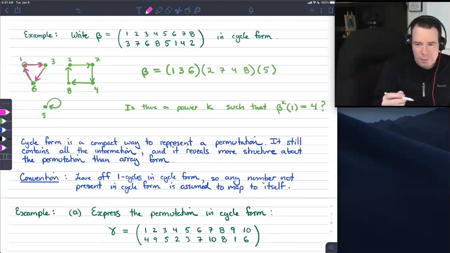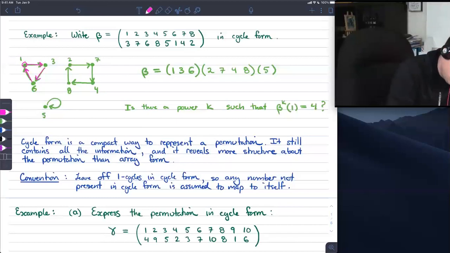Beta to the 5 of 1 would take it to 6, and so on. So we just keep cycling around. So the answer here is no. Beta to the power of k of 1 is either 1, 3, or 6.